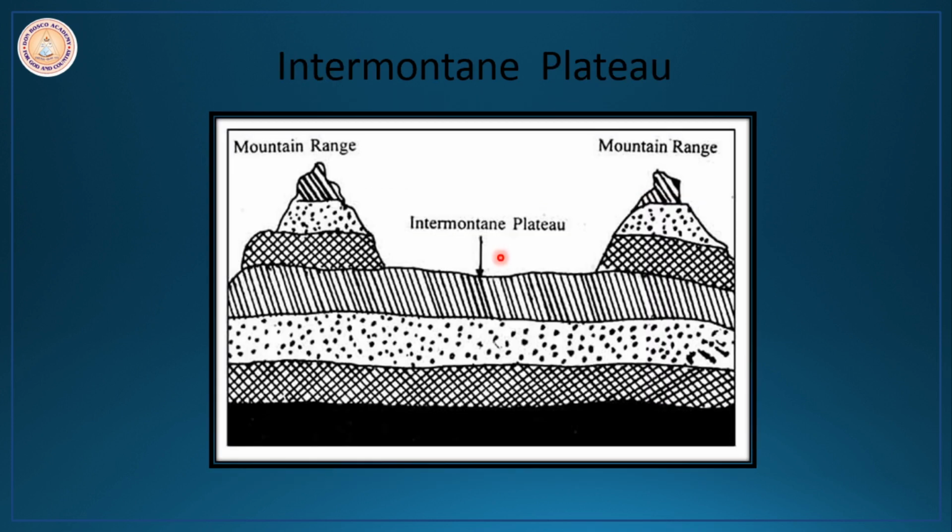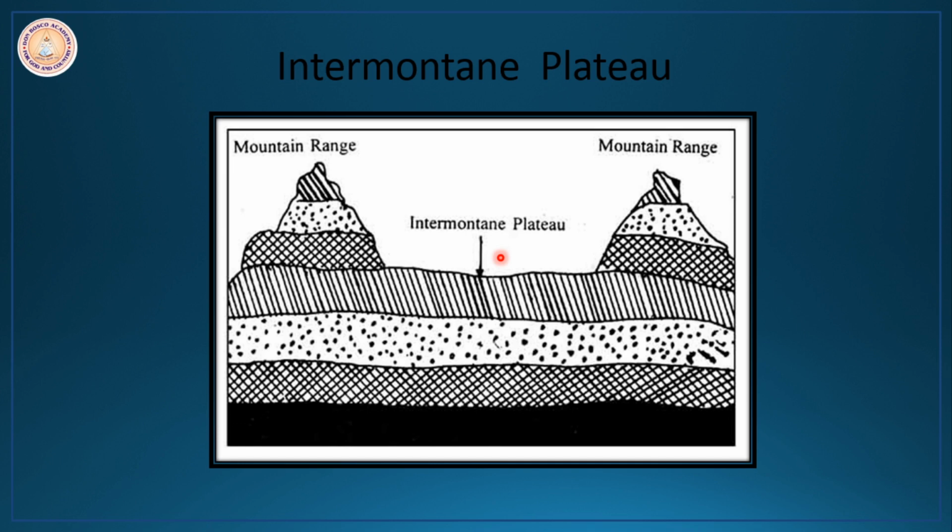Now let's learn about the Intermountain Plateau. Though there are different types of plateaus, Intermountain plateaus are pretty common. And they are normally found in the highest parts of the world.